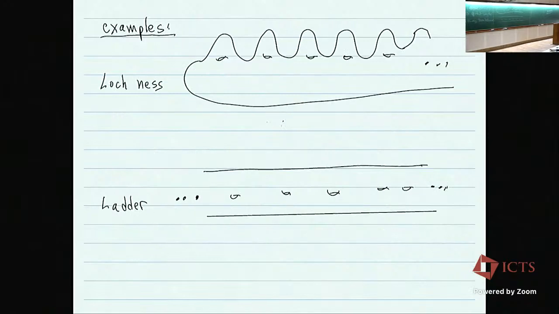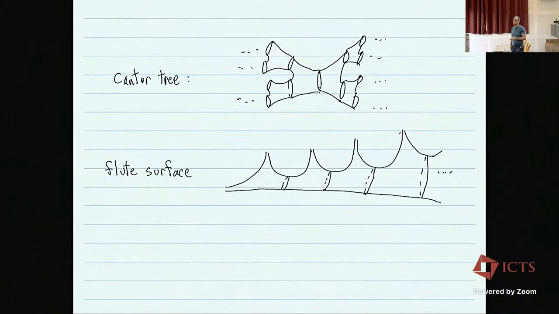So here are some topologically infinite type surfaces. There's the Loch Ness Monster. It's also over here. There's a ladder surface, which goes out infinitely far on both ends. There's a Cantor tree surface.